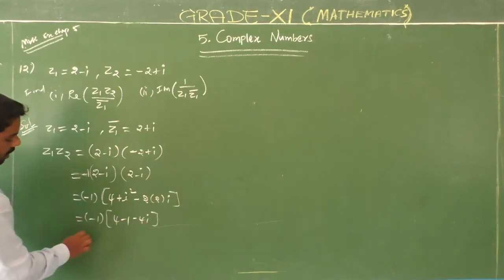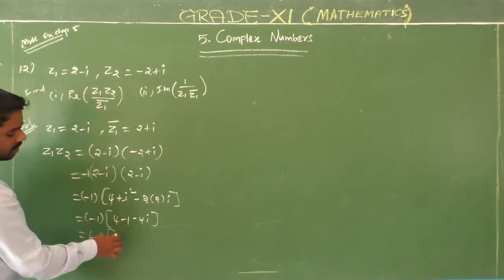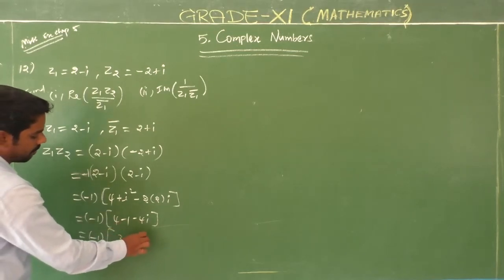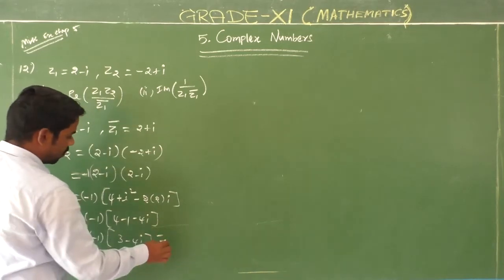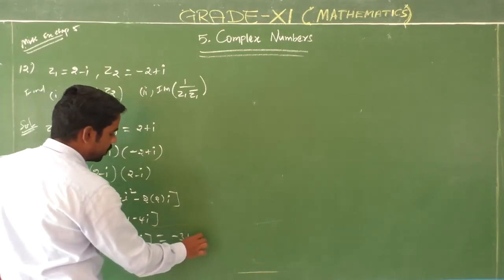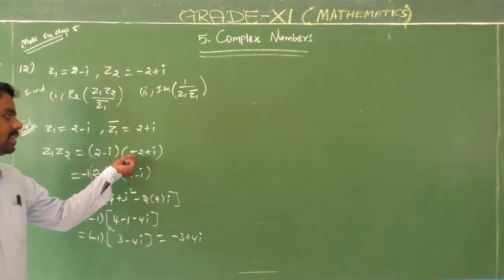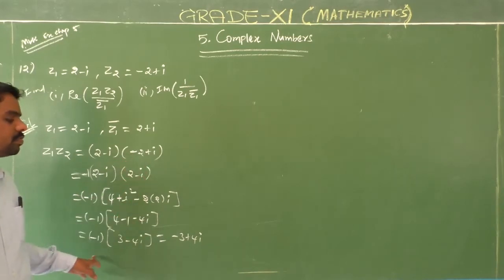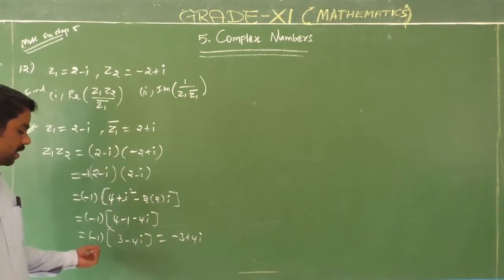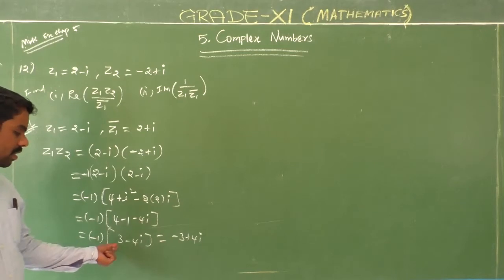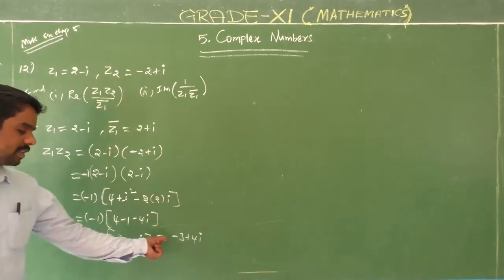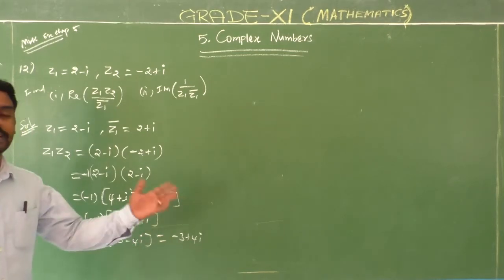So minus 1 into 3 minus 4i is equal to minus 3 plus 4i. The multiplication of these two complex numbers, 2 minus i into minus 2 plus i, is equal to minus 3 plus 4i.